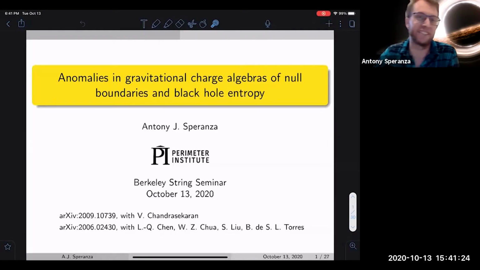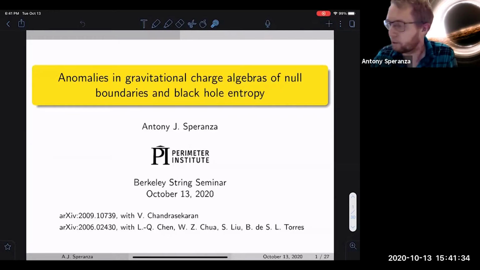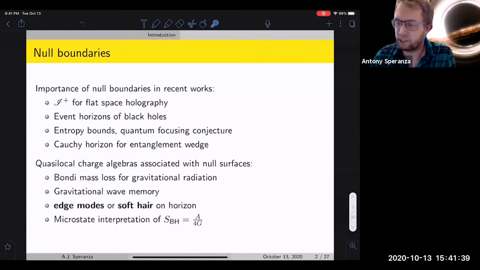So the thing I'm going to be talking about today goes under this general idea of charge algebras at boundaries and what you can learn about black hole entropy. As the title suggests, we're interested in null boundaries, and these come up all over the place when you're doing general relativity.